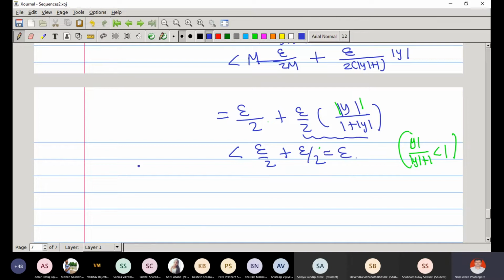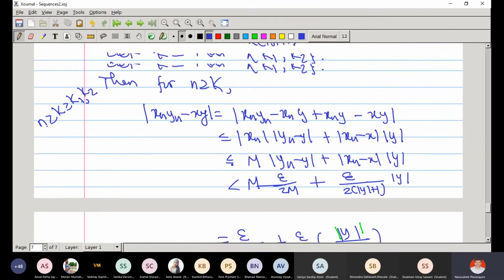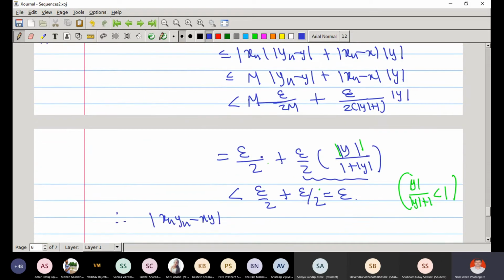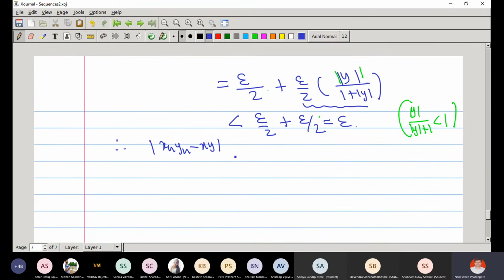So what is the conclusion? Therefore, we started with this expression xn yn minus xy, and at the end we reach the conclusion that this difference is less than epsilon for all n greater equal this particular k.